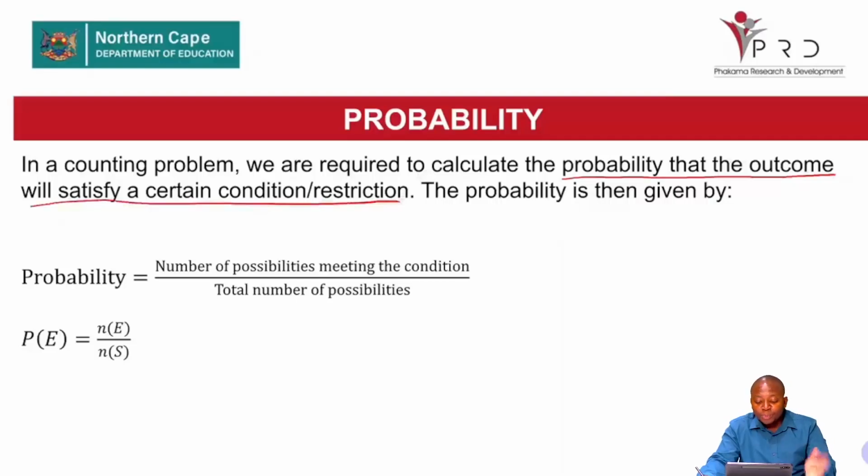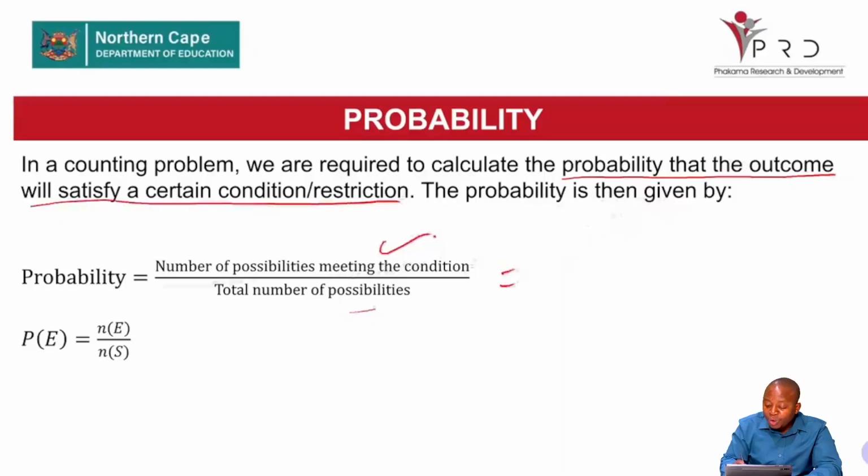Remember, in the counting principle, we just had the number of ways of arranging something. Now, here we're talking about satisfying a certain restriction, to say, what is the probability of starting with the pink shirt? Just making reference to the last activity we had in that lesson. So the probability is given by the number of possible ways of meeting a condition over the total number of possibilities.